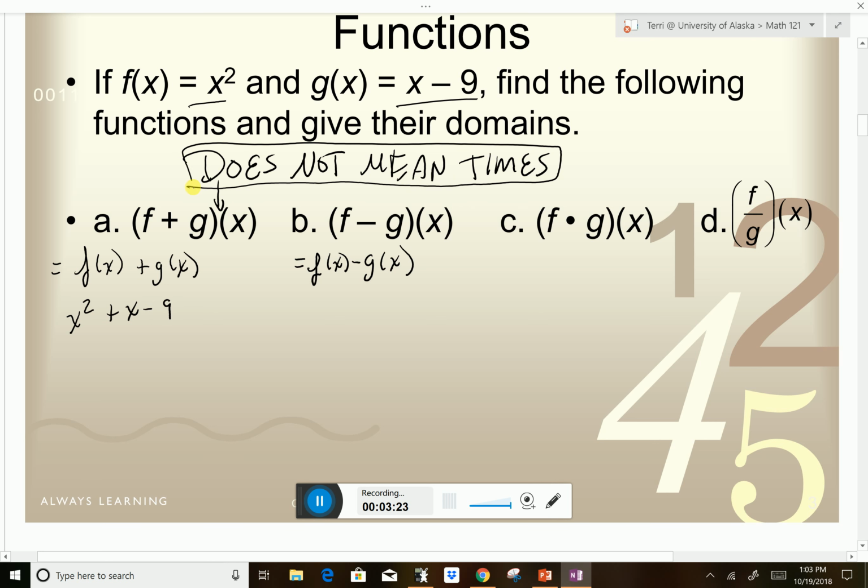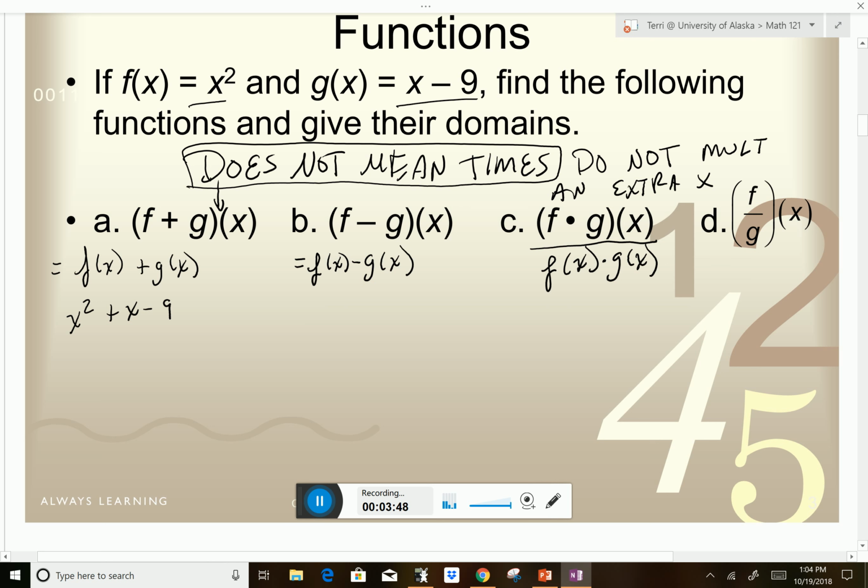It does not mean times. Do not multiply an extra x. So here, this is f of x times g of x, not f times g times x again. It's just f times g.